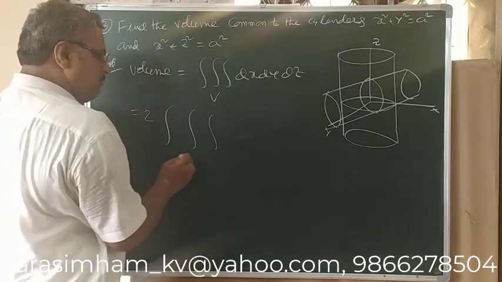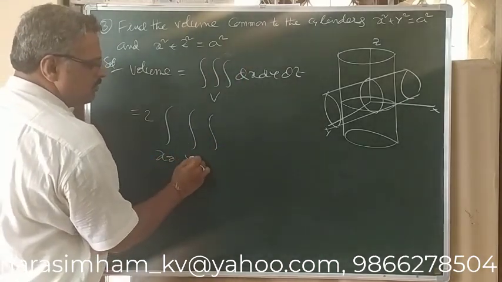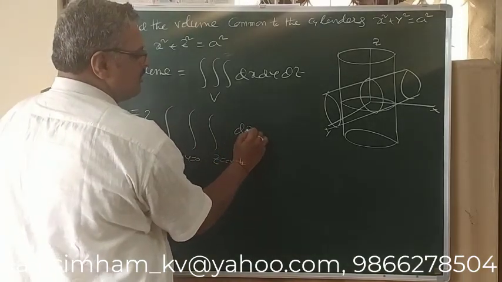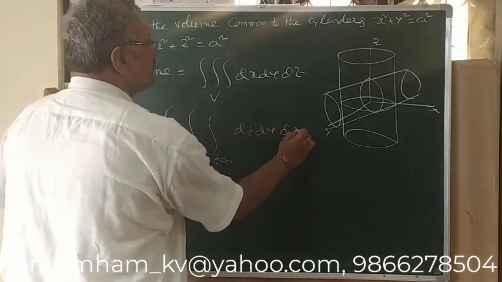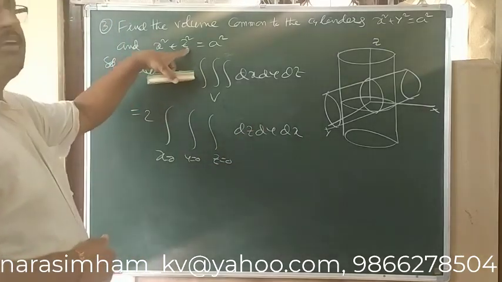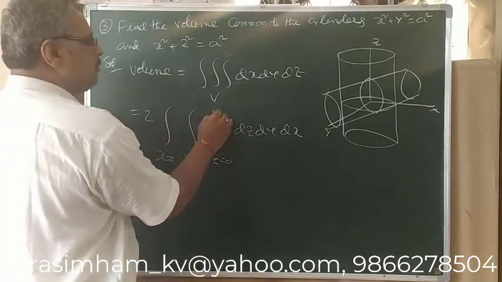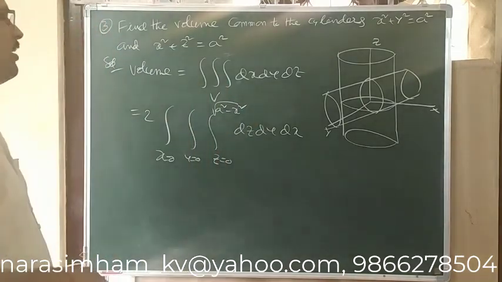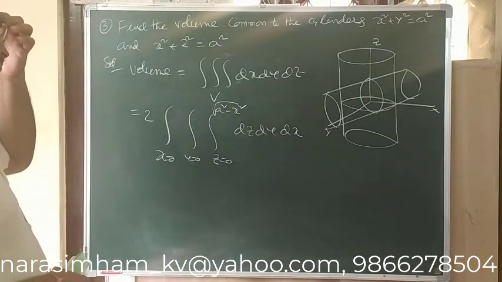Above the xy plane means z is from 0, dz, dy, dx. From this one, what are the z limits? Root over a square minus x square.